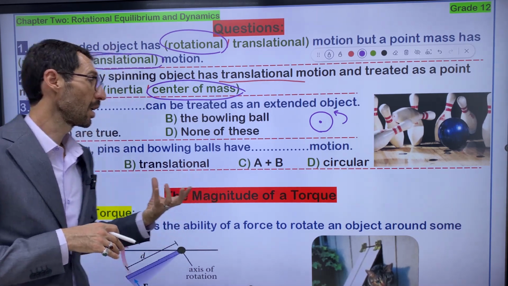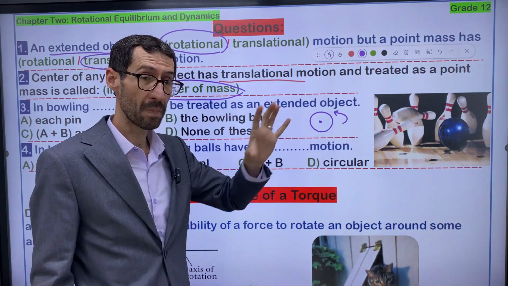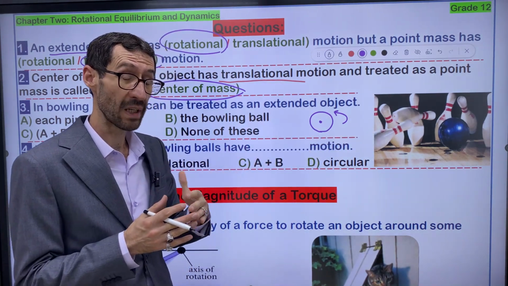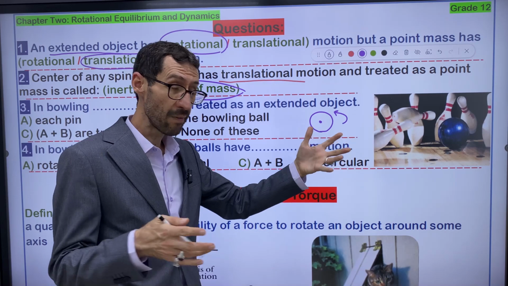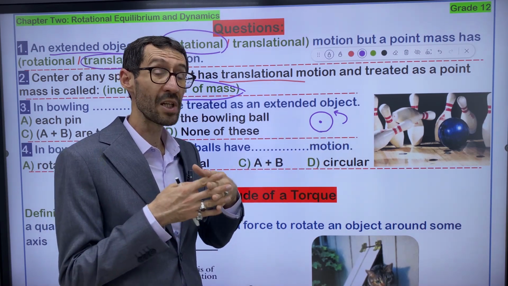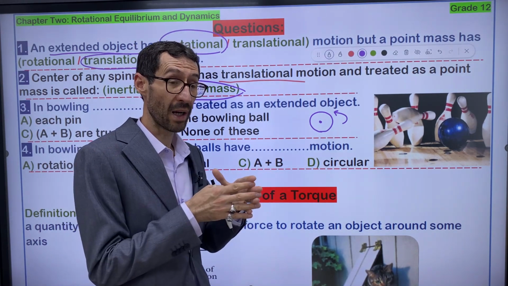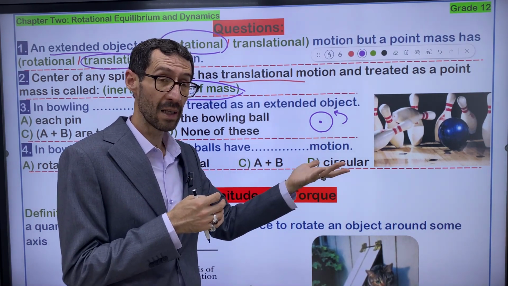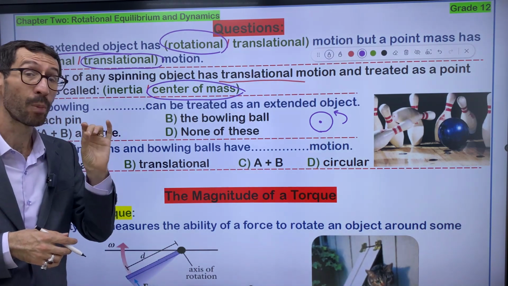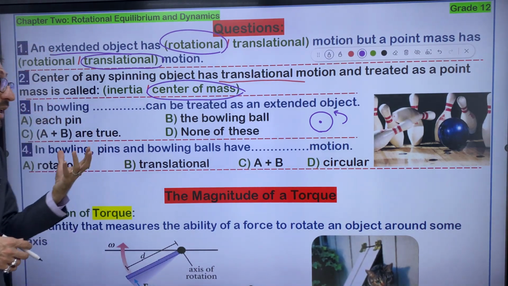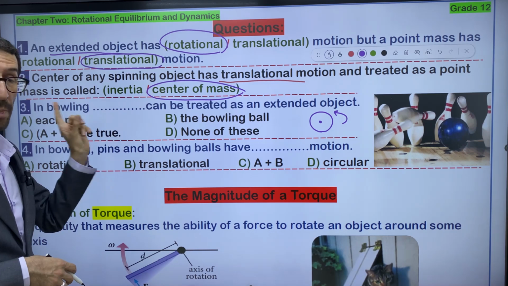That's why they don't have a very simple motion, because the ball is very heavy, and whenever the ball strikes the pins, there are even collisions between the pins themselves. They collide with one another. That's why they are not considered point masses. They are considered to be extended objects. So each pin is true.